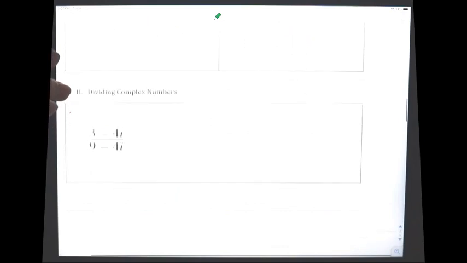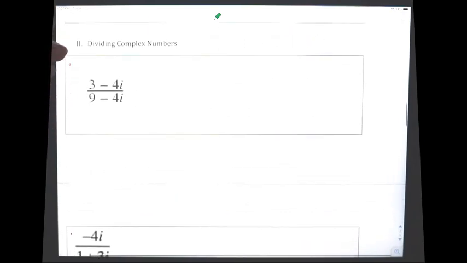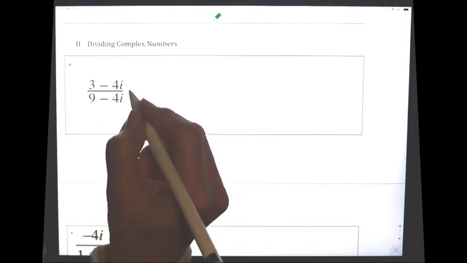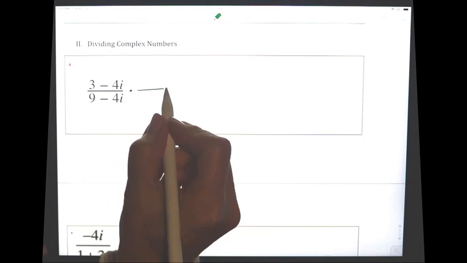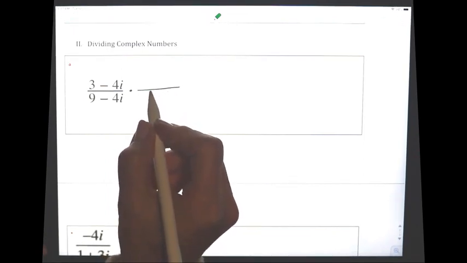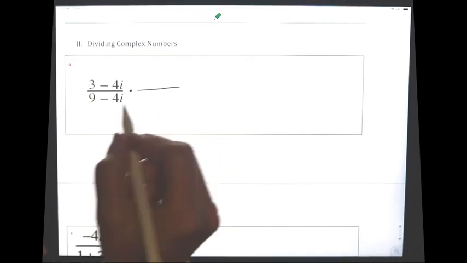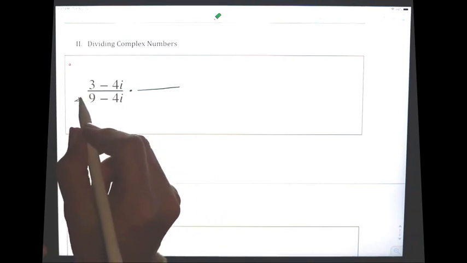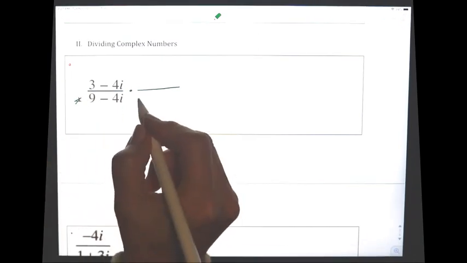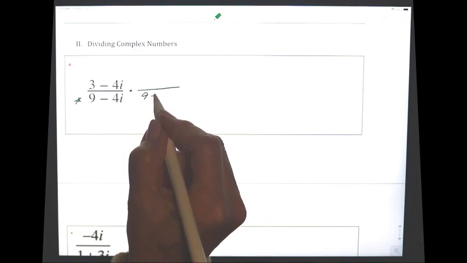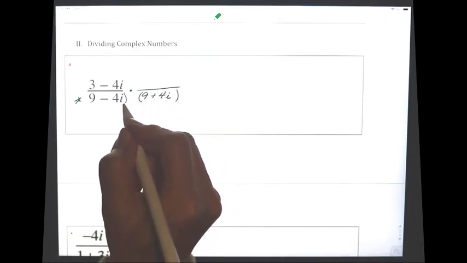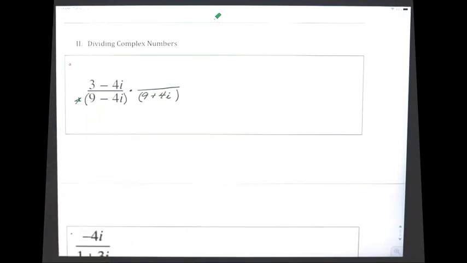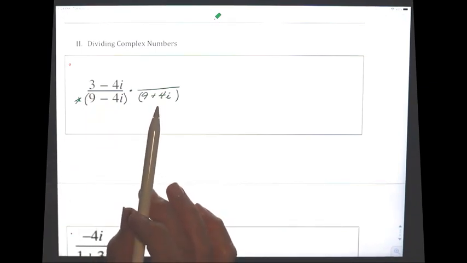Let's go on down and talk about division of complex numbers. And of course, you see this is in fraction notation. The way that you do a division problem is you put down a times mark, you put down a new fraction bar, and you look at this denominator, 9 minus 4i, and you come over into your new fraction and you use as the multiplier, notice all these parentheses I'm inserting here, the complex conjugate.